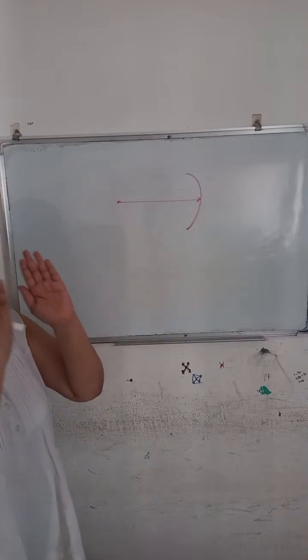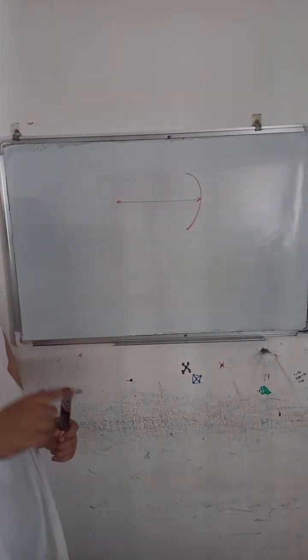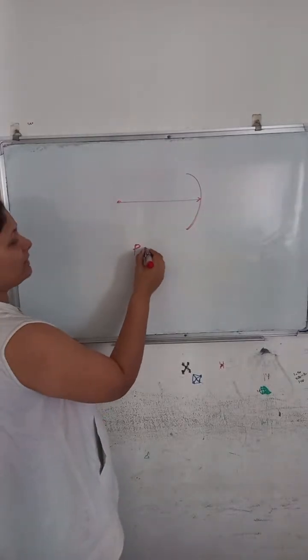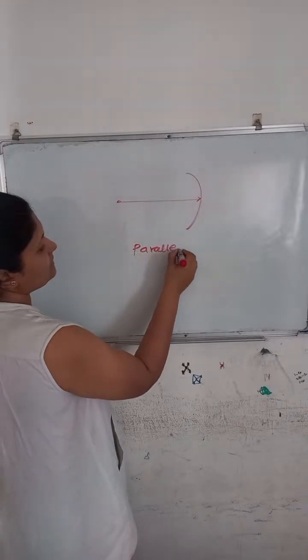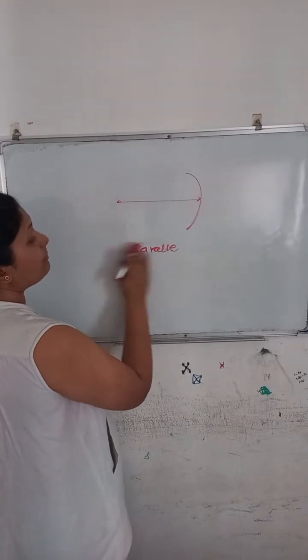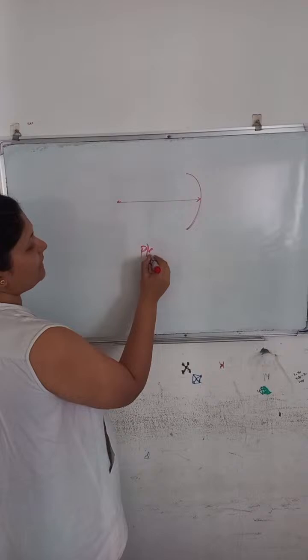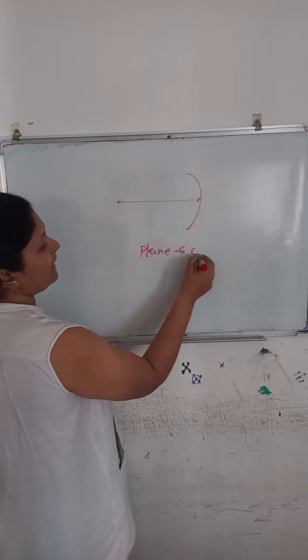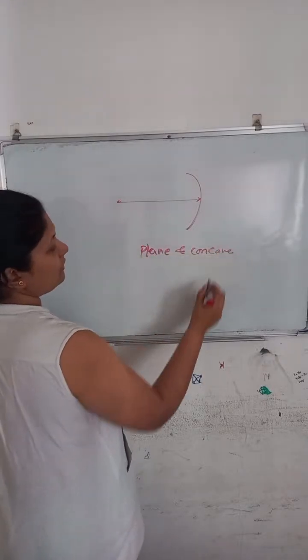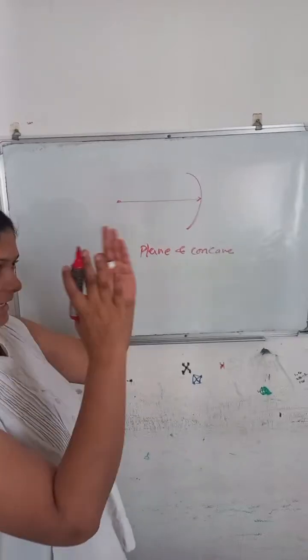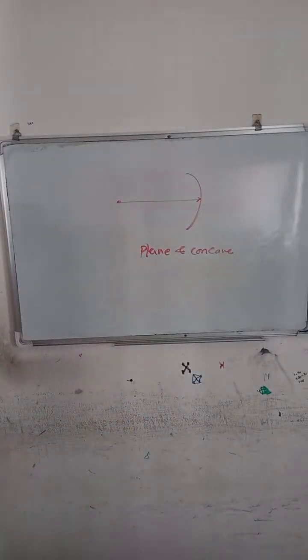But as they are forming a parallel beam of light, there is a combination of plane and concave mirrors. Because of that they can focus and produce the parallel beam of light. That's it. This is the answer.